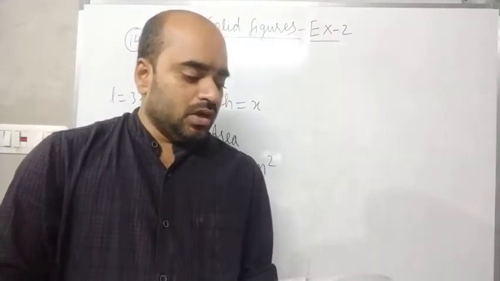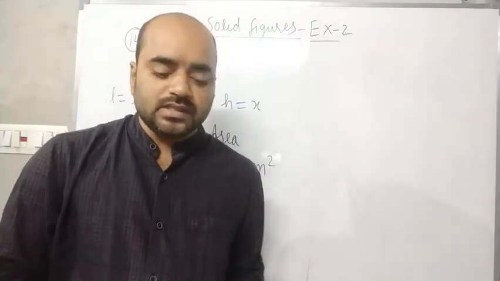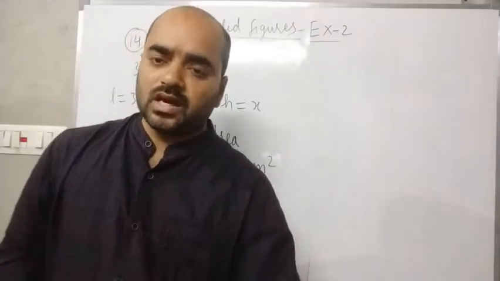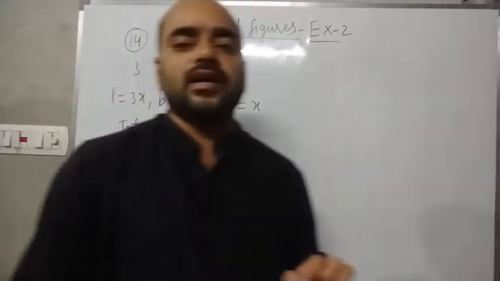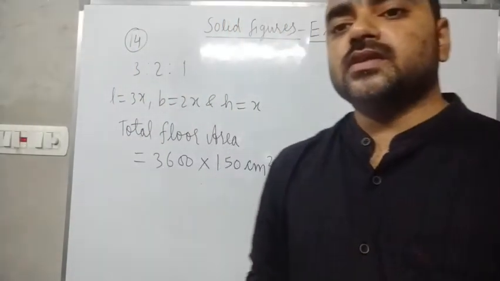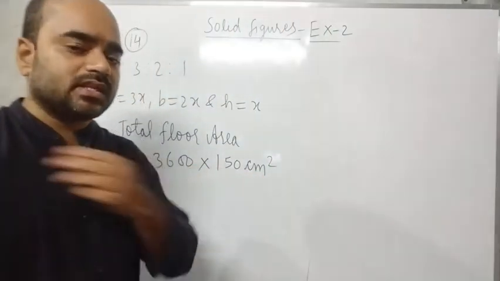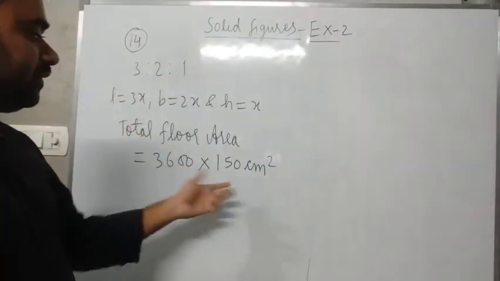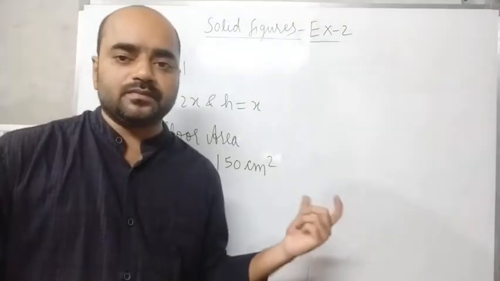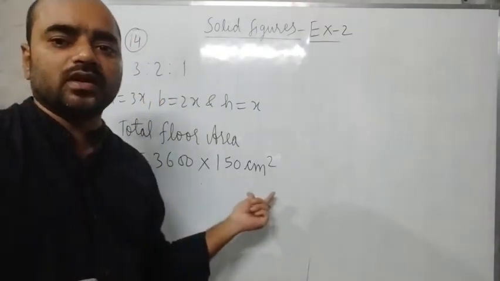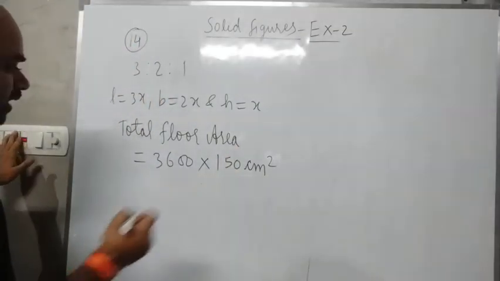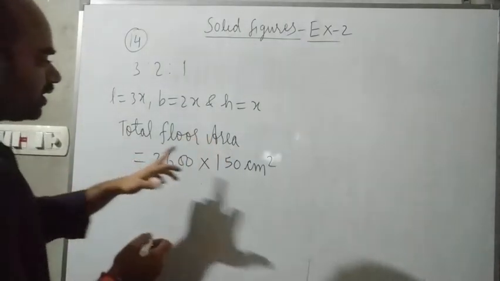Correct? Now, find the dimensions of the classroom. One student requires 3600 centimeter square of floor area to sit, and how many total students are there? 150. It means total floor area will be 3600 into 150.